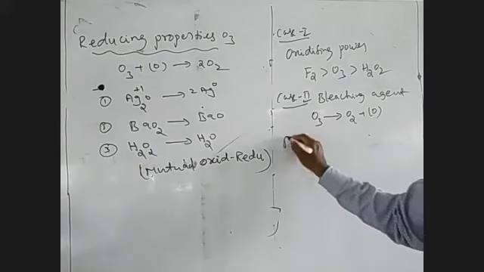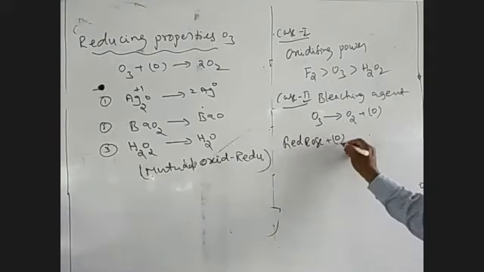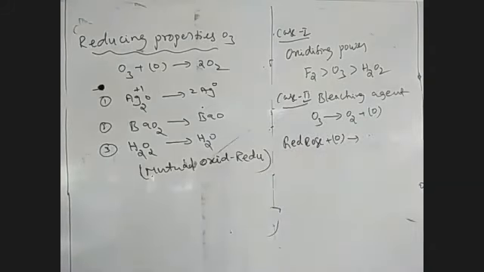For example, if you dip a red rose in ozone, O3, the red rose changes into a colorless rose. This is known as the bleaching property. The bleaching property of O3 is due to an oxidation reaction.